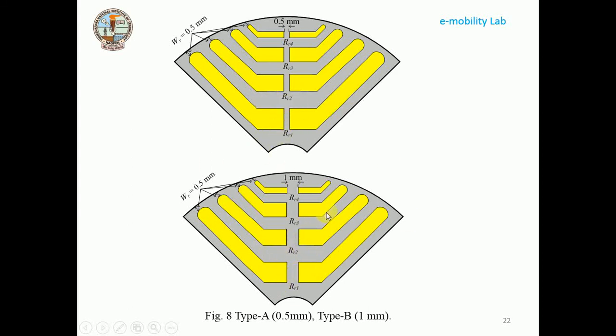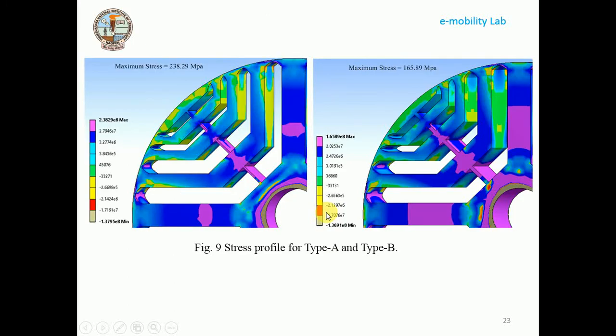What are the impacts we are going to discuss? This is the stress performance. You can see here that with 0.5 mm radial rib width, we have a stress of about 238 megapascal. This is not acceptable because we are talking about 213 megapascal.